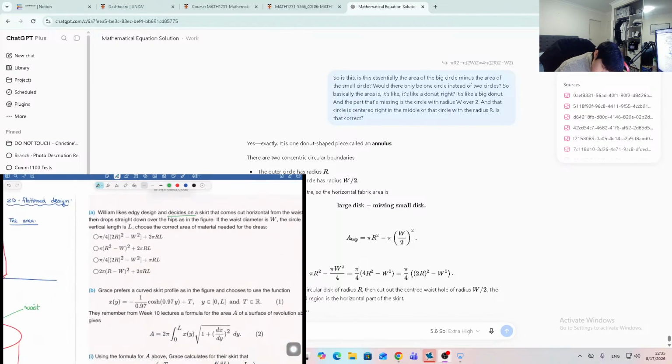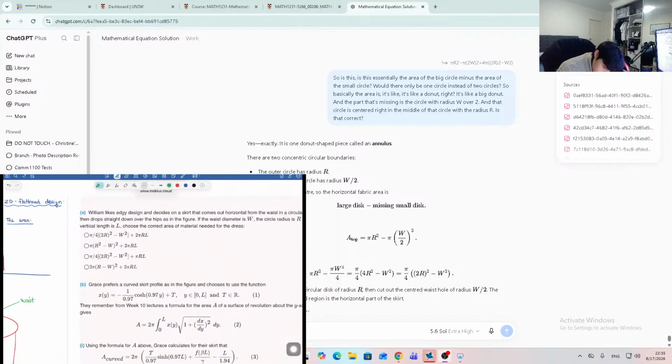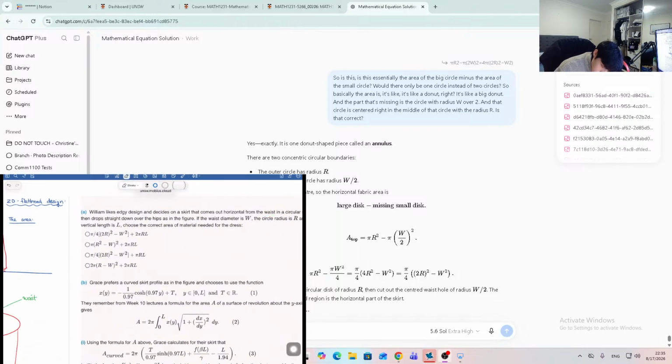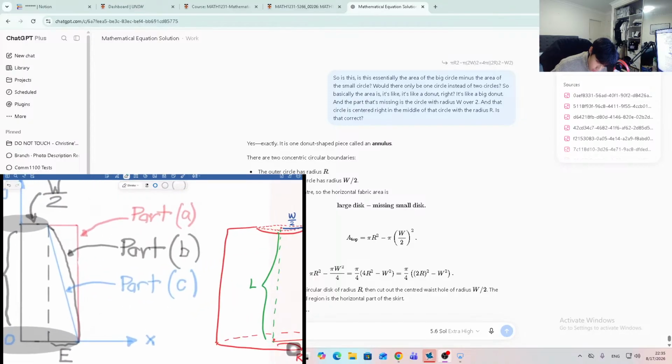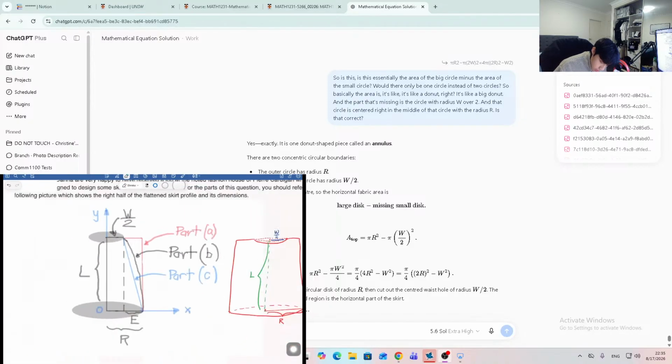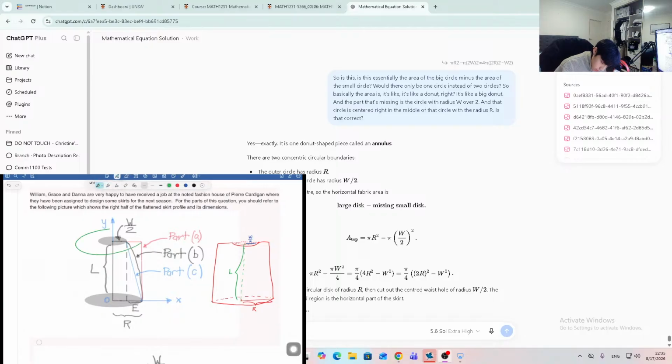He likes the skirt that comes out horizontal from the waist, then drops straight down over the hips, as in this figure, right? So we should have imagined that that's exactly what he was going to draw.